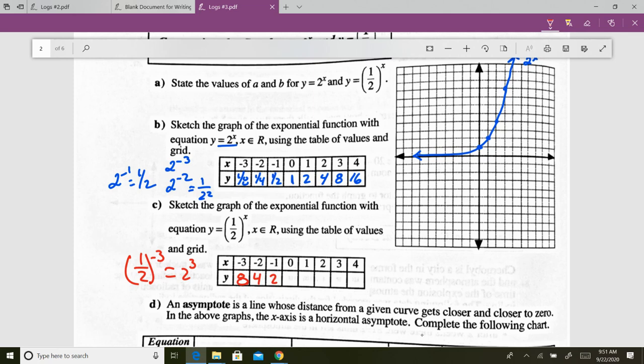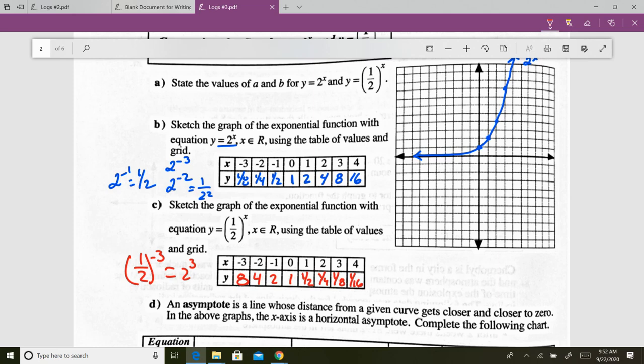So if I divide the next one, to the 0, it's always 1, and 2 divided by 2 is 1, so that works out. What's 1/2 to the power of 1? 1/2. What's the next number? And 1/16, right?